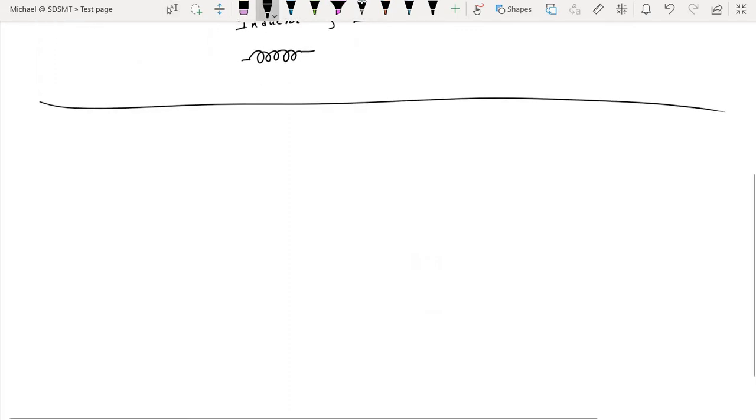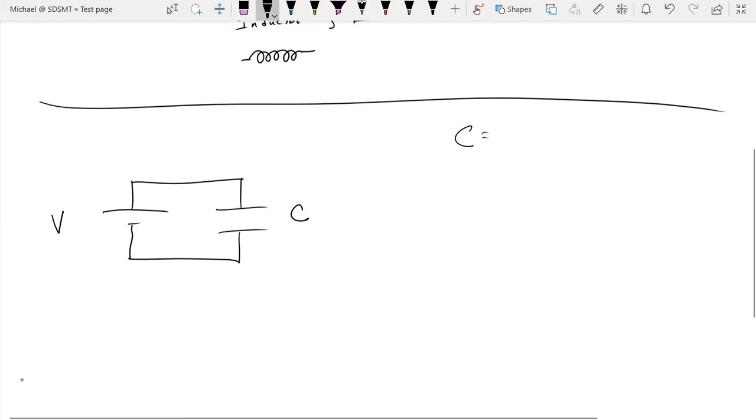And so let's start with an example problem. We're going to take a battery of potential V, or voltage V if you prefer, and connect it to a capacitor C. The capacitor has a value of 200 microfarads, and I think we already did an example problem like this, but I'm going to choose a 9-volt battery to hook this capacitor up to.